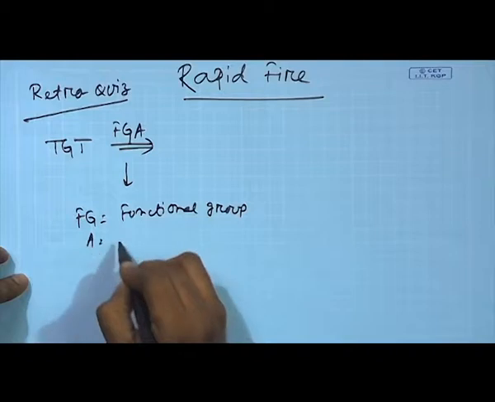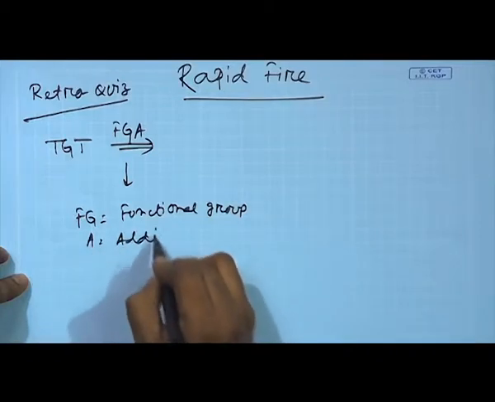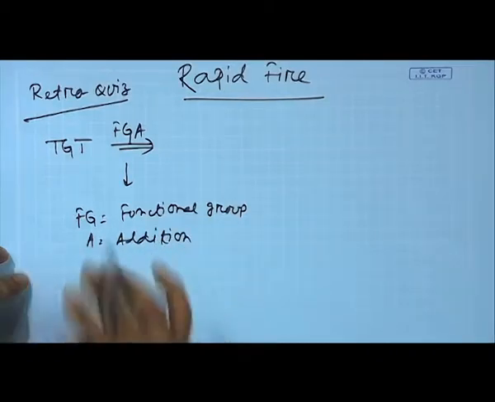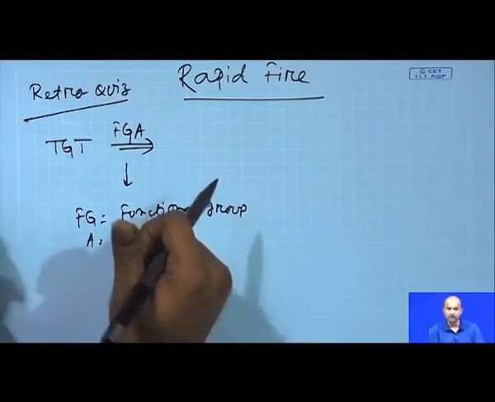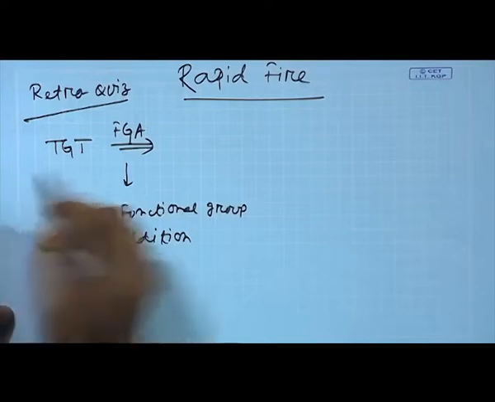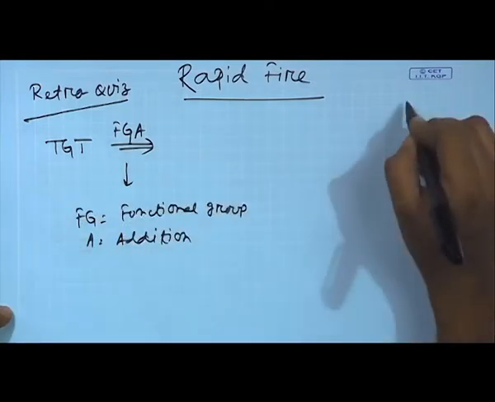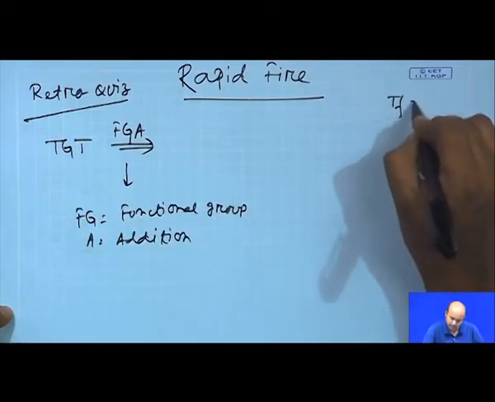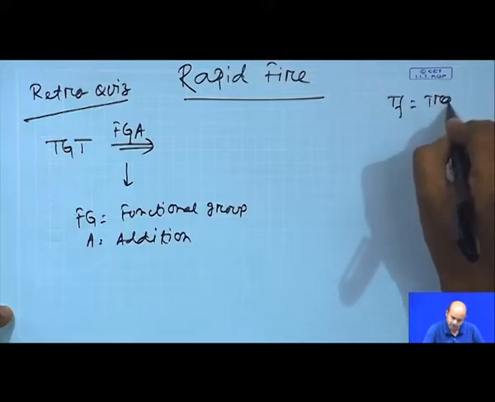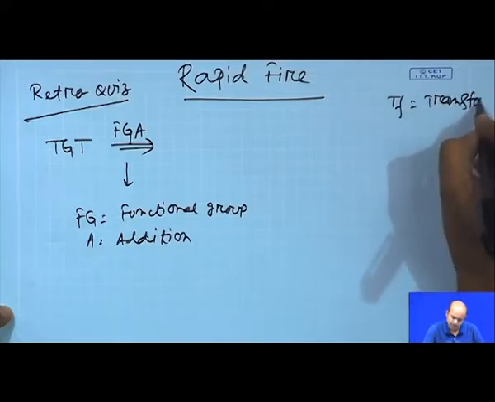A stands for addition. So, if your transformation gives a functional group addition in the target molecule, that is called FGA. And you can also abbreviate other terminologies. Let us say TF stands for transformation. Any potential chemical reaction can be called a transformation.